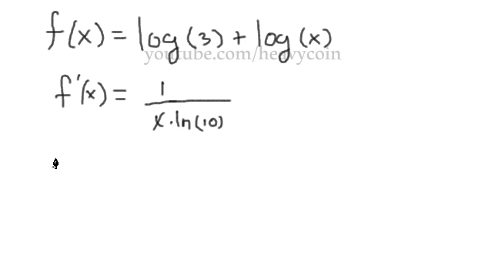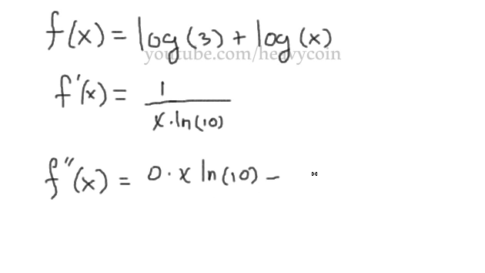Now let's look at the second derivative. So f double prime of x is equal to, and just for the heck of it, let's just use the quotient rule. So the derivative of the numerator is 0 times the denominator, and this is everything that's in the denominator, minus the numerator times the derivative of the denominator, and natural log of 10 is just a number.